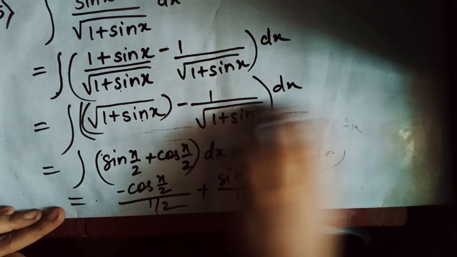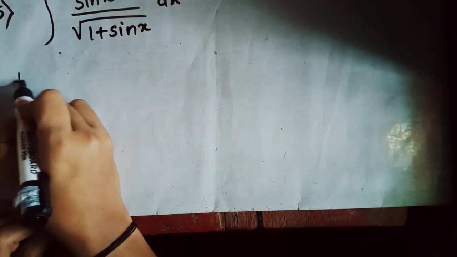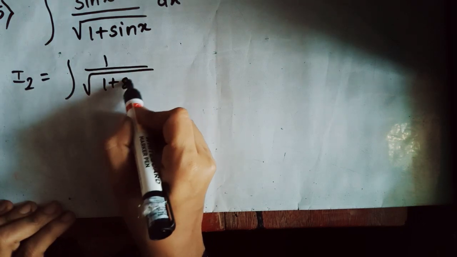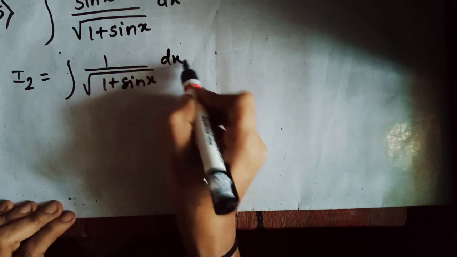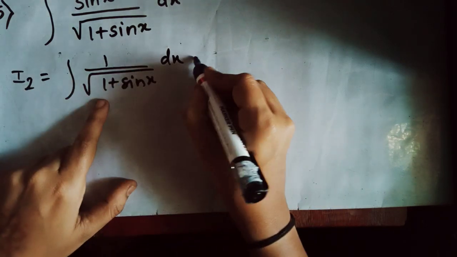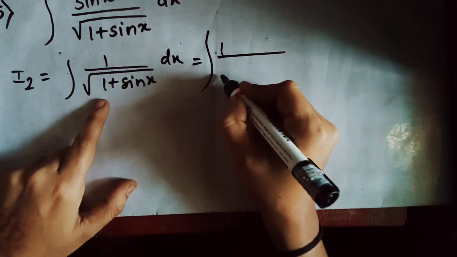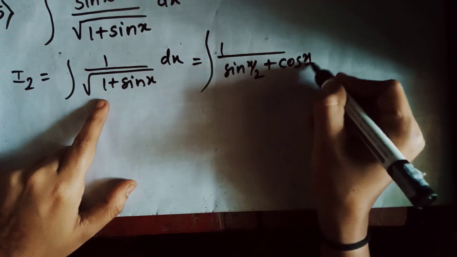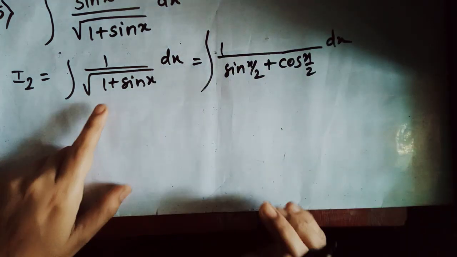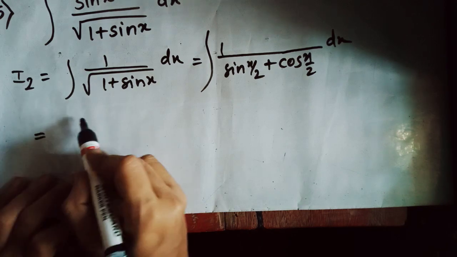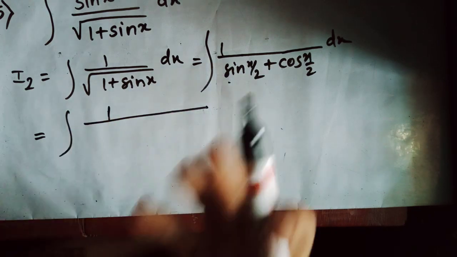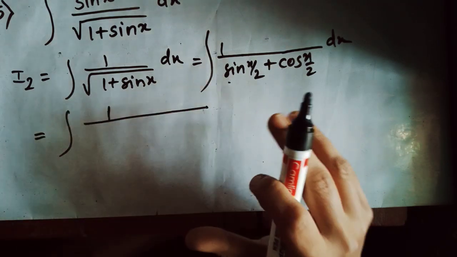1 upon root 1 plus sin x. I'm writing this as I2. So 1 upon root 1 plus sin x, okay, so I can write this as 1 upon sin x by 2 plus cos x by 2, right? Okay, now this is something like sine into something plus cos into something.